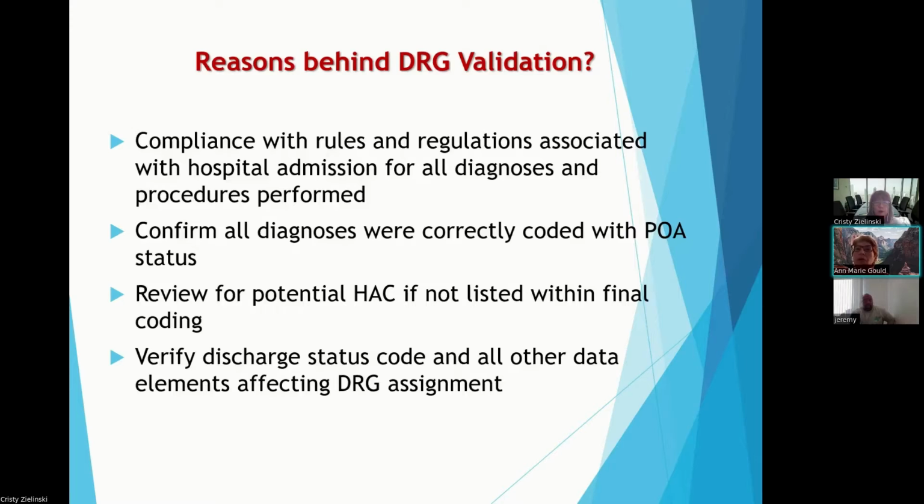Now, when it comes to your discharge status code, usually that's the coder's responsibility. I put it in here because I think it's important from a CDI point of view that you need to know if this patient was discharged home as self-care, or did they discharge them with home health?